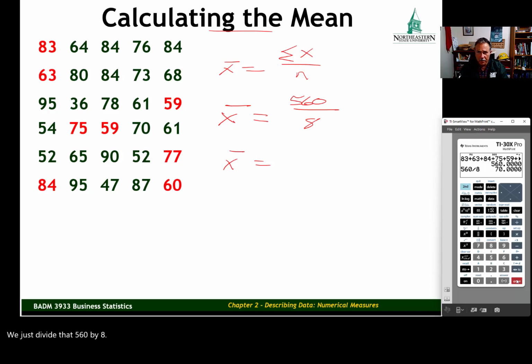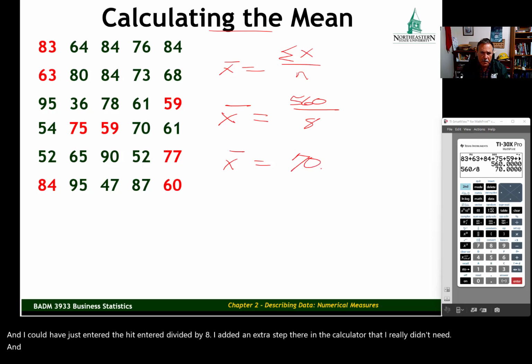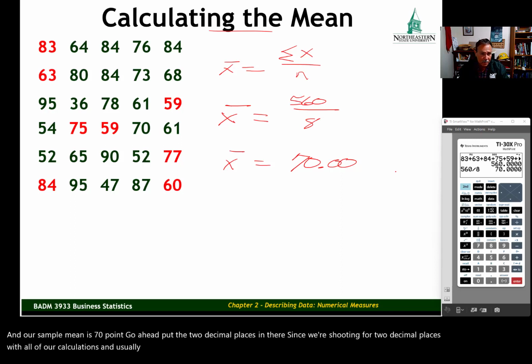I could have just entered divide by 8. I added an extra step there in the calculator that I really didn't need. And our sample mean is 70.00. Go ahead and put the 2 decimal places in there, since we're shooting for 2 decimal places with all of our calculations. And usually your mean is not going to come out a perfectly whole number like this.